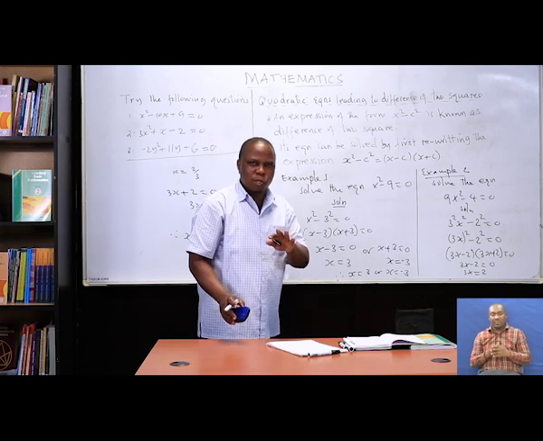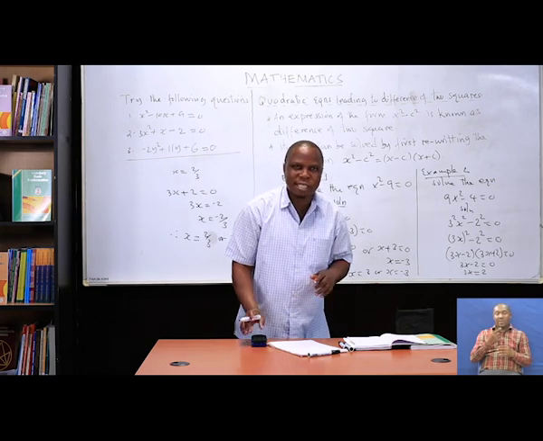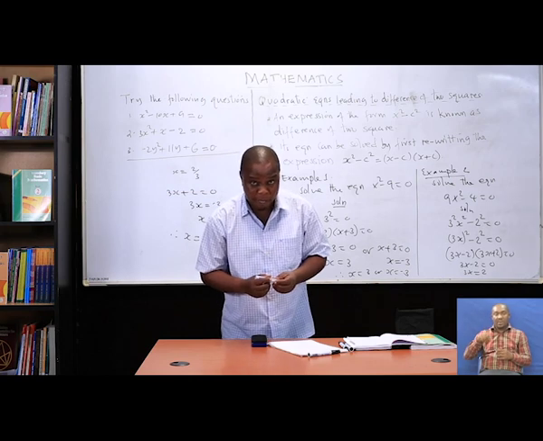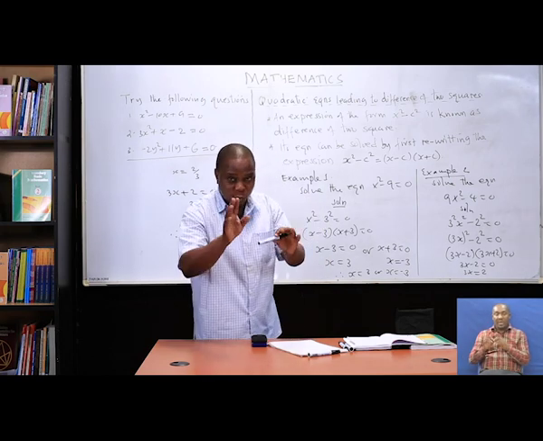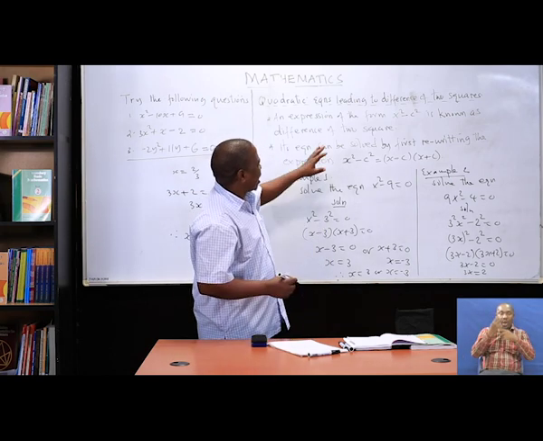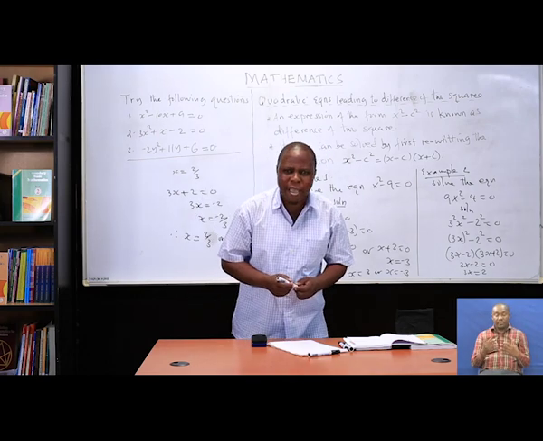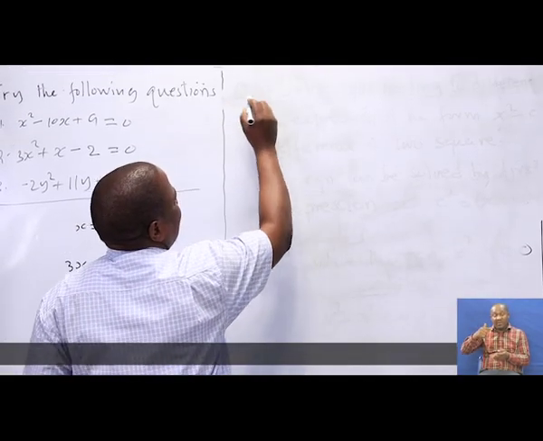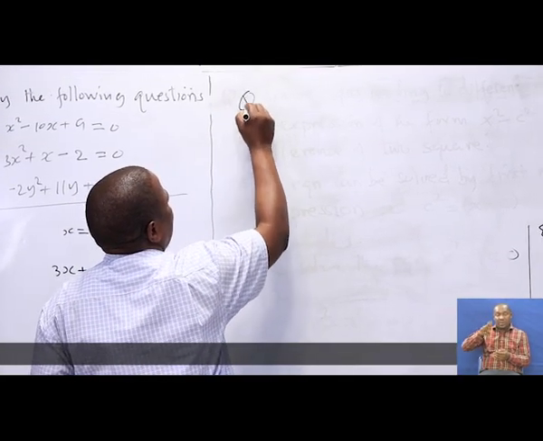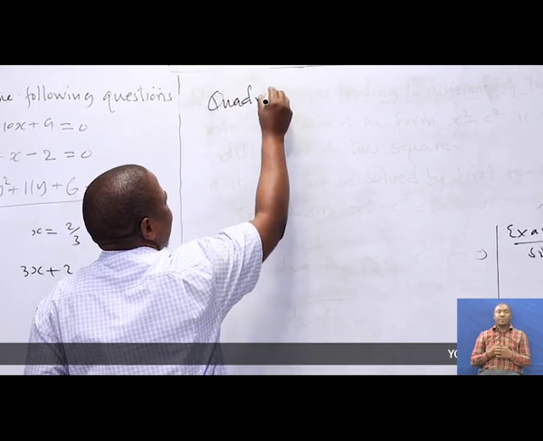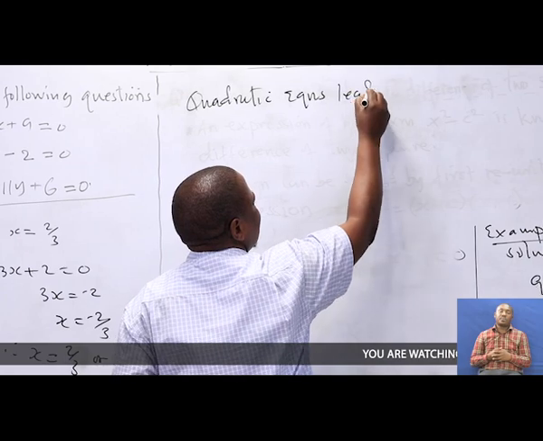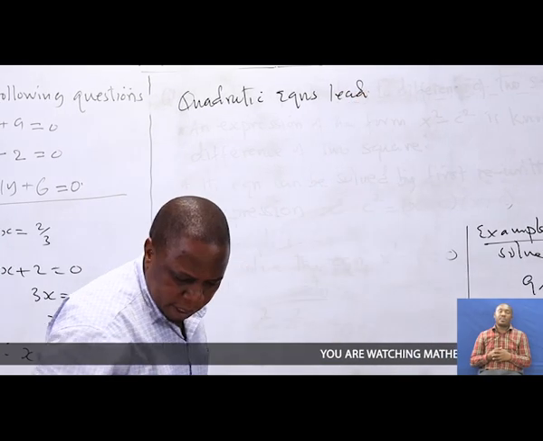That is what we call quadratic equations leading to the difference of two squares. The last but not least, I can do it faster: the quadratic equations which lead to the perfect square.